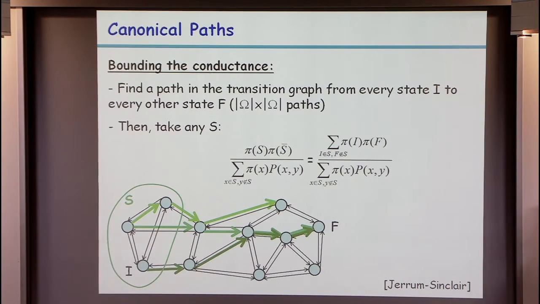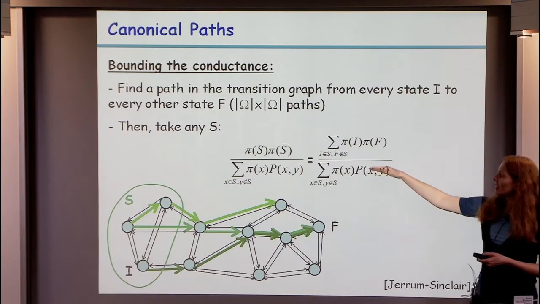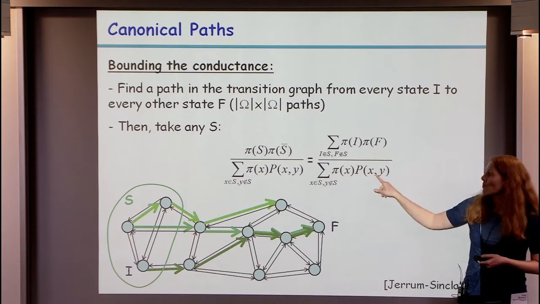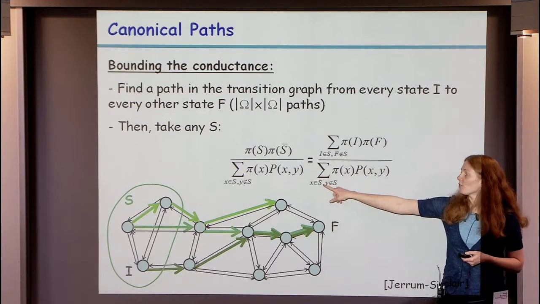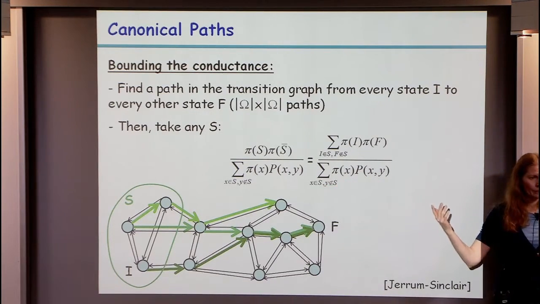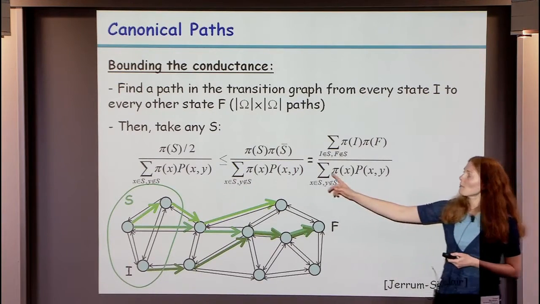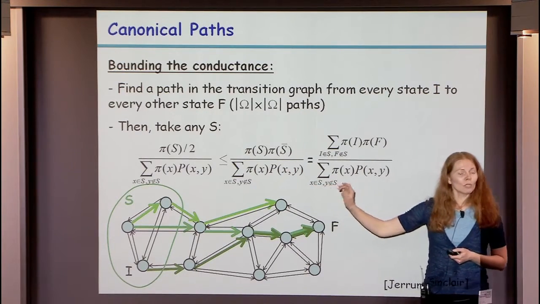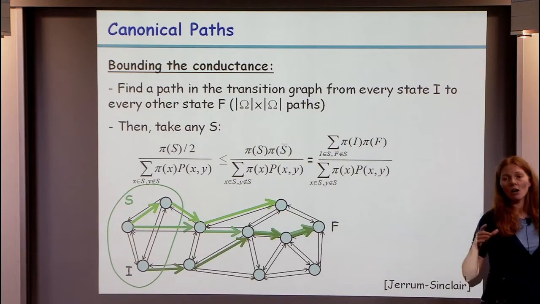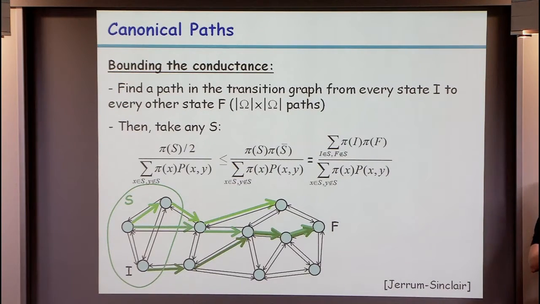Now, the only thing I've done here is divide by the escape probability when going from S to the outside. Okay? So now, let's look at the left-hand side. My left-hand side is lower bounded by, I'm going to take S to be the smaller of the two, S and S complement.